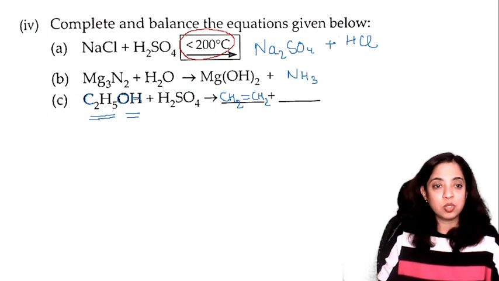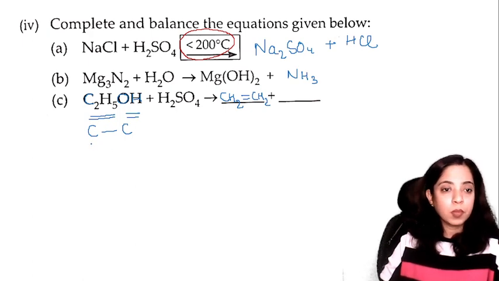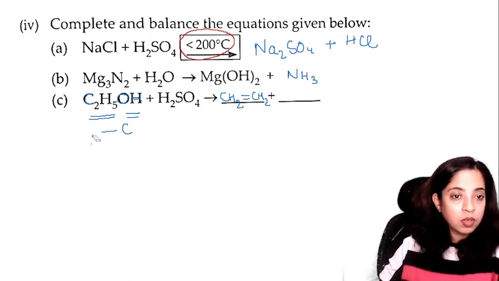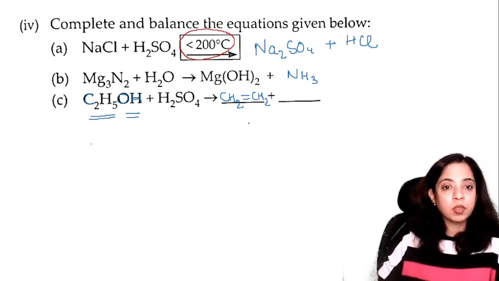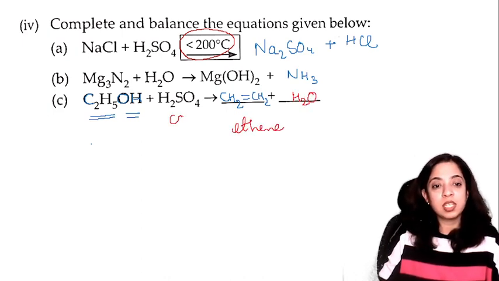We have done the opposite one just now. I will not go into so much detail. It will give you CH2=CH2 and water. It will form ethene if it is concentrated H2SO4.